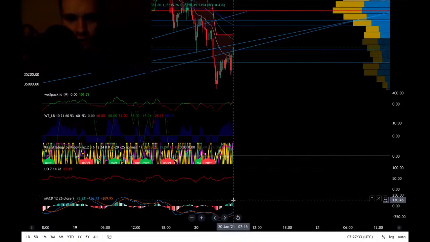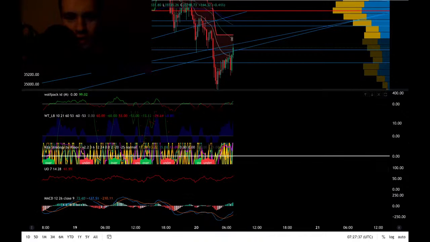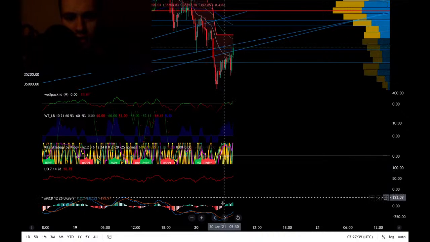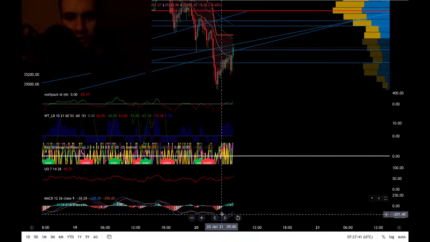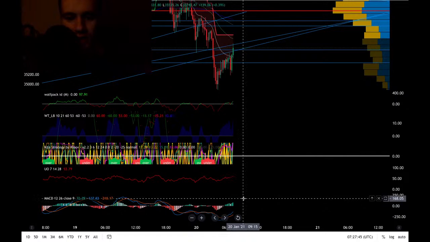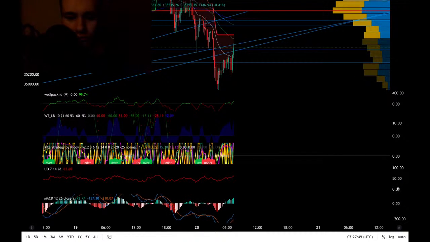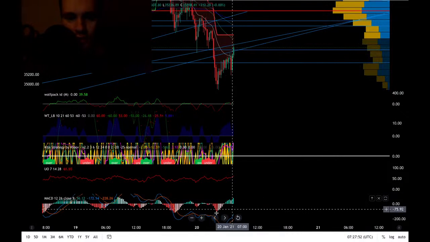Alright, so it doesn't look like we have any divergence, at least right here. And right here, do we have any? Yeah, no divergence on the MACD. As far as the lines, let's look at them.